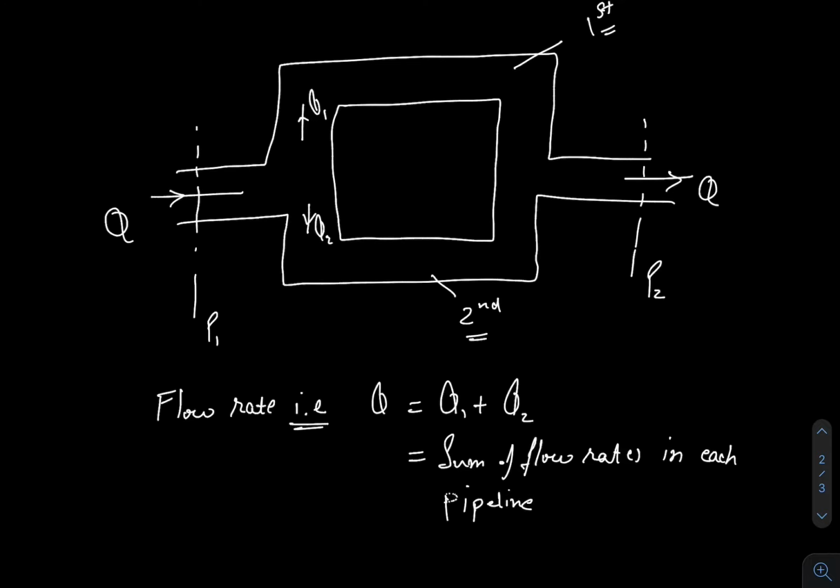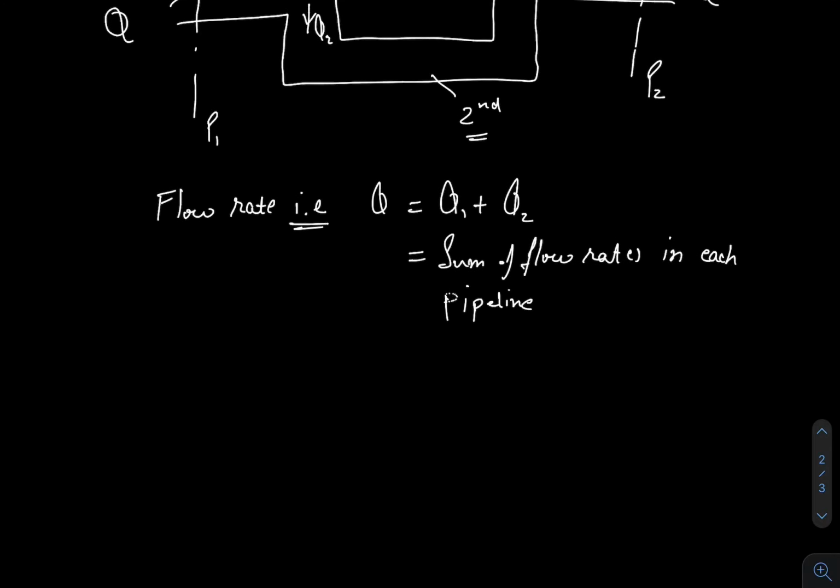This is true only for pipelines connected in parallel. In series we have seen that the flow rate is equal in each pipeline. Here that is not the case. Here the pipes are connected in parallel, so the total flow rate is the sum of the flow rates in the individual pipelines.